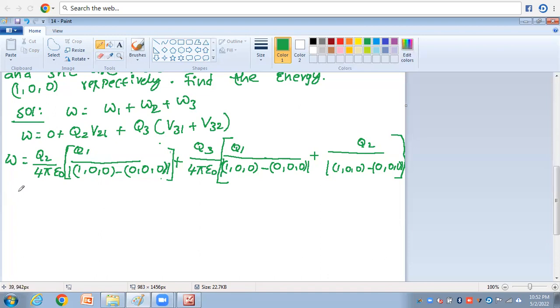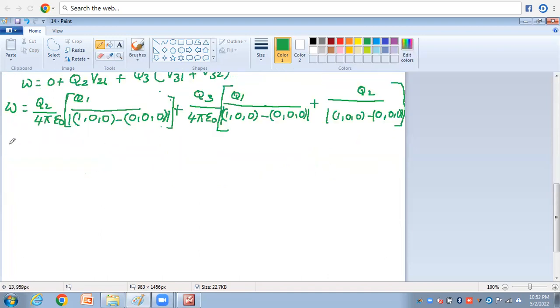Now extend this method. W equal to 1 by 4 pi epsilon naught, take common. Then take Q1, Q2, then directly you can write Q1, Q2 by root over 1 square plus 0 square plus 0 square.